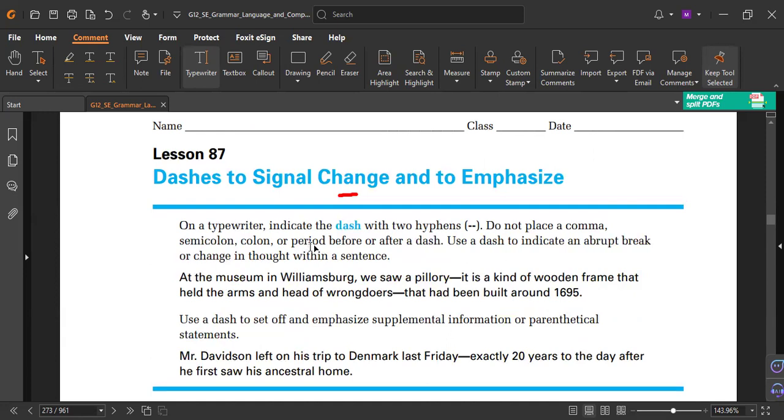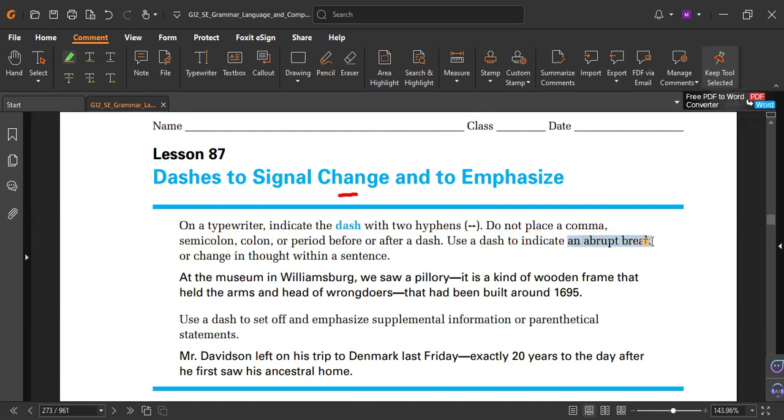But how about if we have two dashes? The two dashes work like non-essential information. On a typewriter, indicate the dash with two hyphens like that. Do not place a comma, semicolon, colon, or period before or after a dash. Use a dash to show an abrupt break.